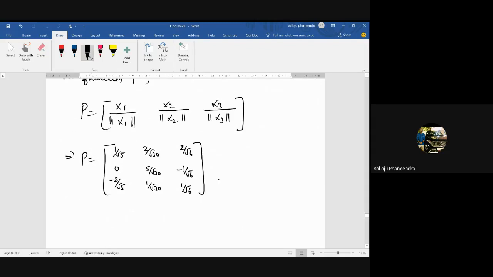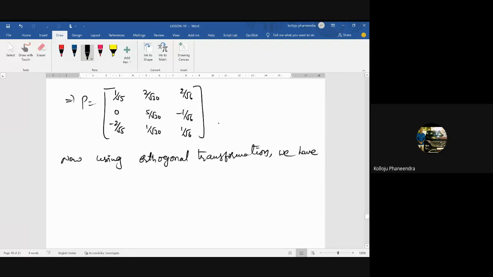Now using orthogonal transformation, you can write directly. Okay, no need to write the similarity transformation again. Similarity transformation is P inverse AP equal to D. Now orthogonal means what? This inverse becomes transpose.